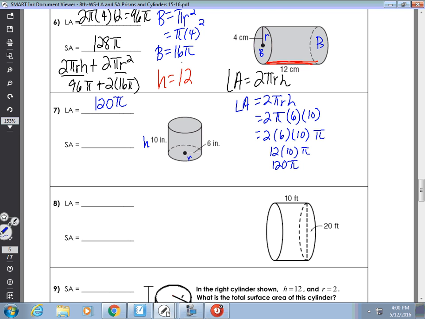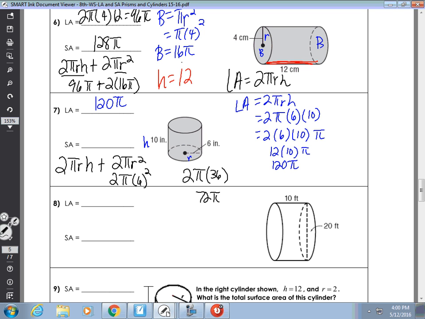Then to get to our total surface area, we take our 2 pi r h plus 2 pi r squared. We're still using 6 as our radius, so I'm really just saying 2 times 6 squared. 6 squared is 36. 2 pi times 36, if I double 36, I get 72 pi.